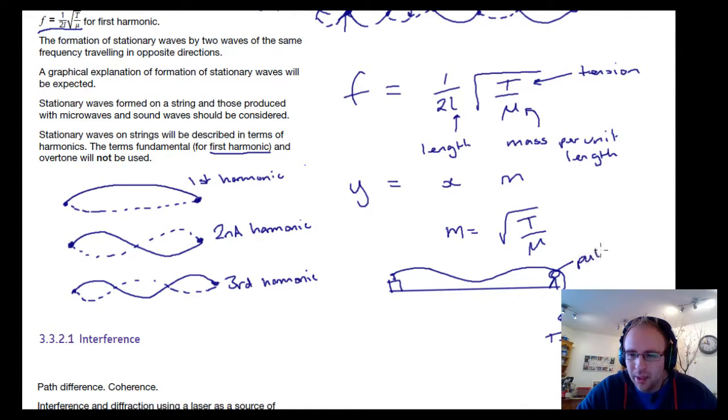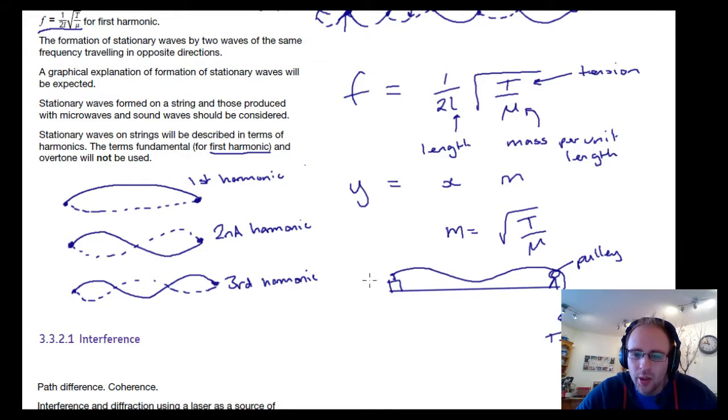That's a pulley. The tension in the string is mg, so we can know that. The mass per unit length we could measure.